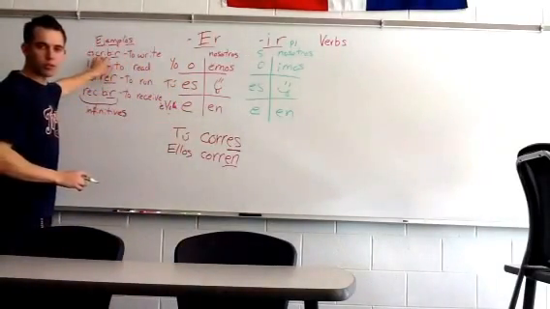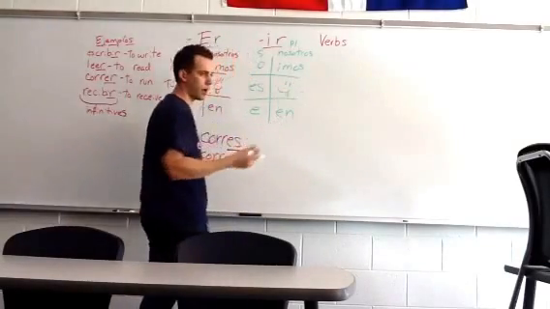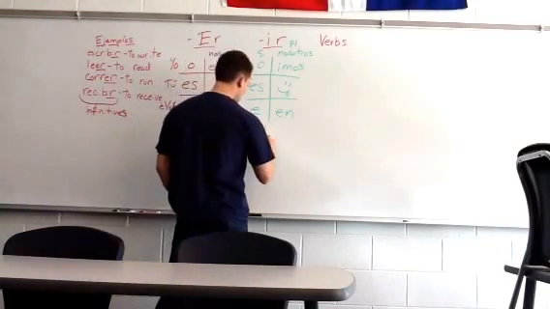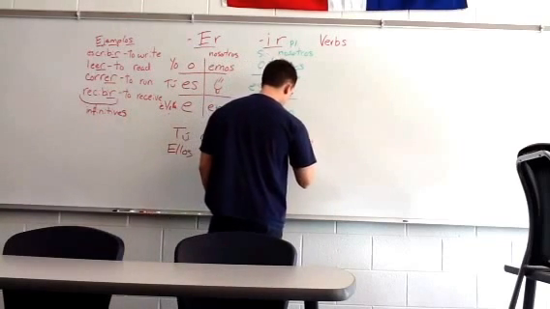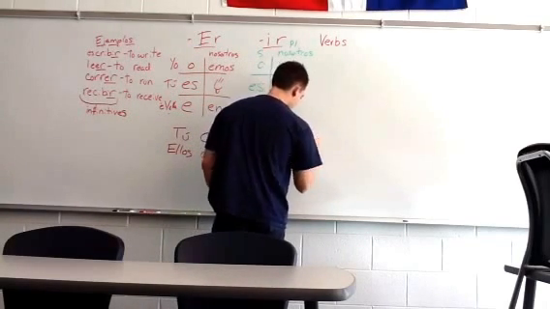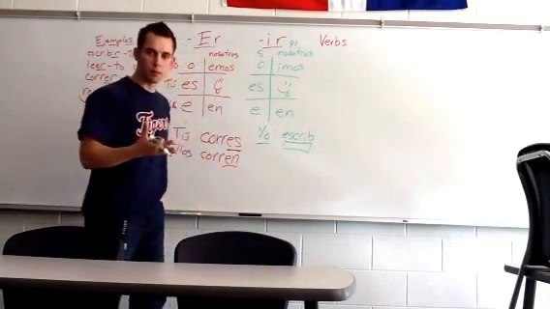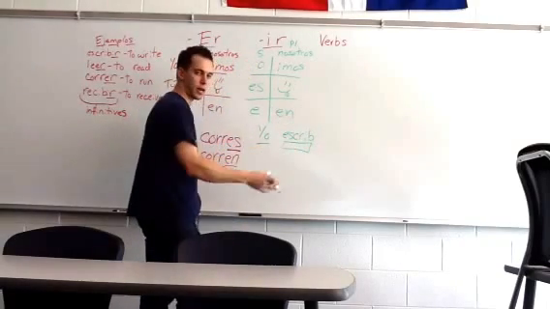Now, an example with IR. Maybe I want to write something. In English, we just say, I write, you write, he writes, we write. In Spanish, yo, got our subject pronoun. Now, this right here is the stem of the verb. This is what we start with when we're going to start conjugating.